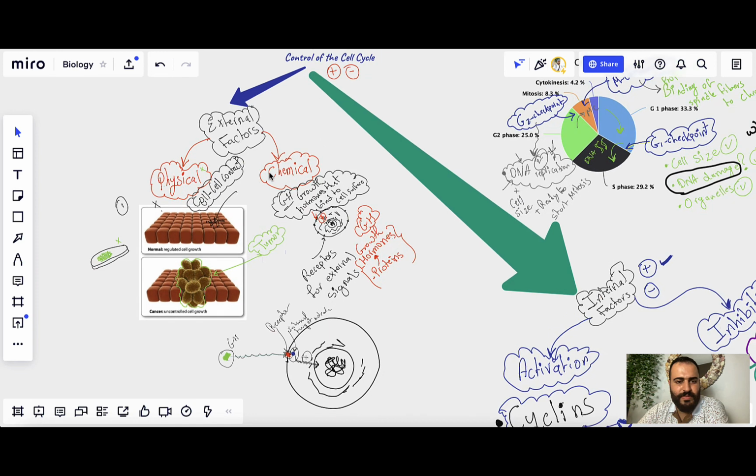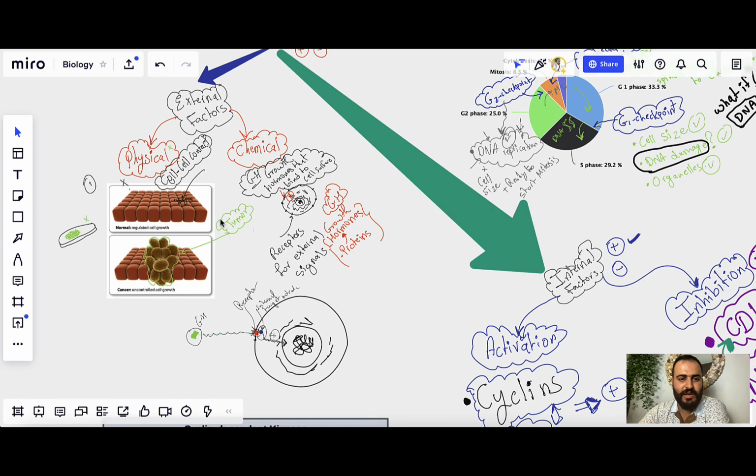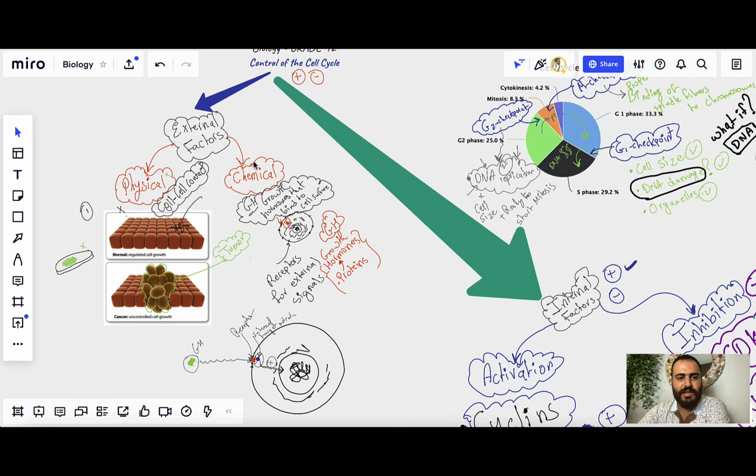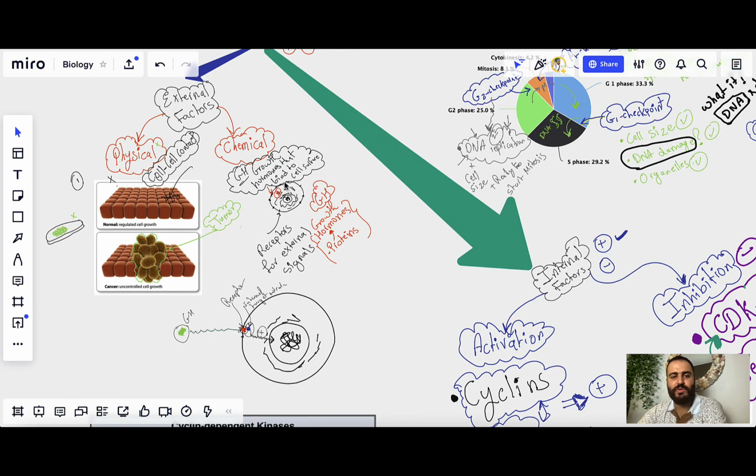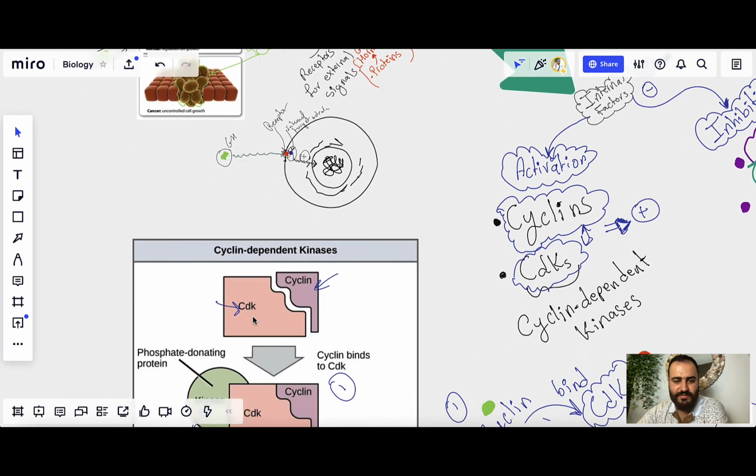Physical has to do with cell-to-cell contact. If there is not enough area to divide, the cells will stop dividing unless there is something abnormal going on, and here we speak about tumors. Chemical external control happens when hormones called growth hormones bind to the cell surface and activate cell division.